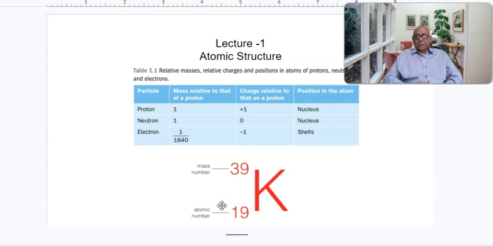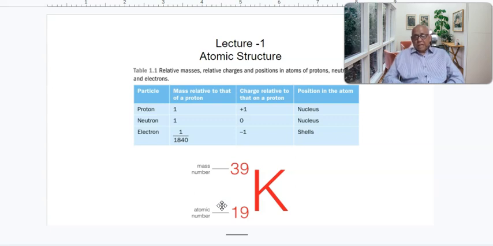The number of protons is designated by Z, and the number of neutrons and protons together is designated by A, which we call the mass number. So one can look into this symbol or the symbol for any other atom, and one can easily find out the number of electrons, protons, and neutrons.